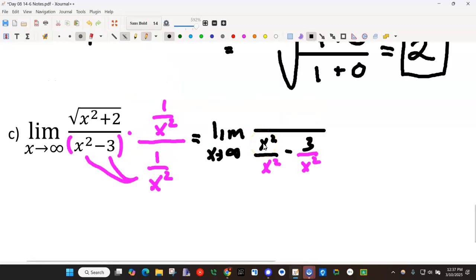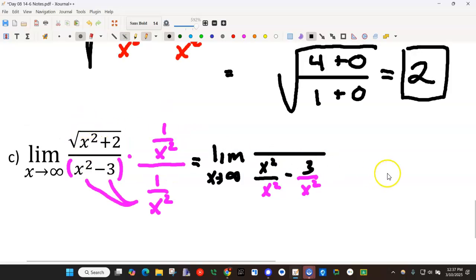All right, but what about the top? What is root x squared plus 2 times 1 over x squared? So if we know our rules for exponents, if I have a square root times 3, and then a non-square root times 2, well, what does this multiply to? That's just 2 root 3, right? I can't combine them because they are not both in a square root.